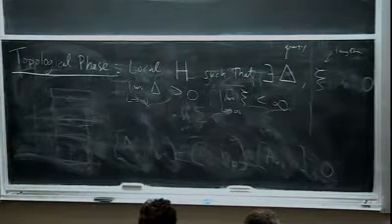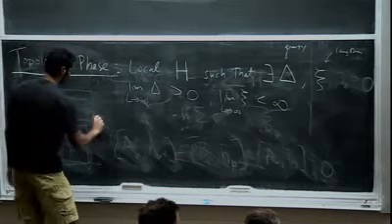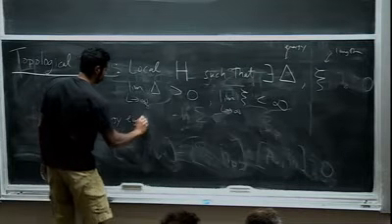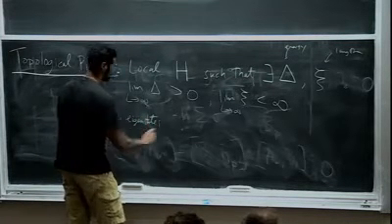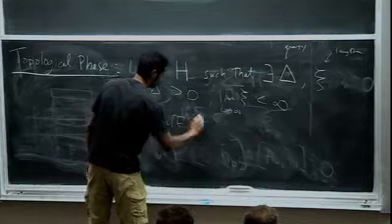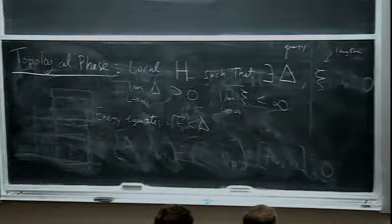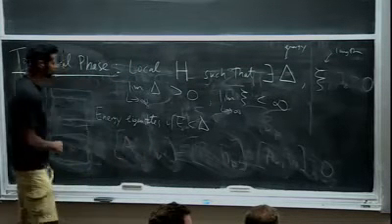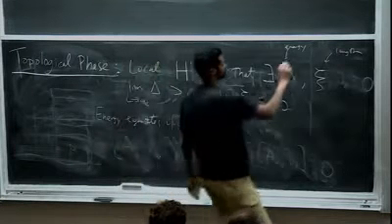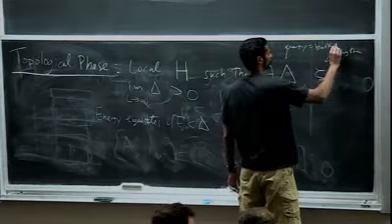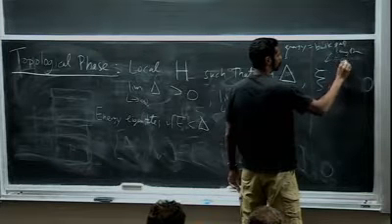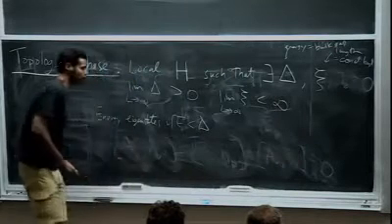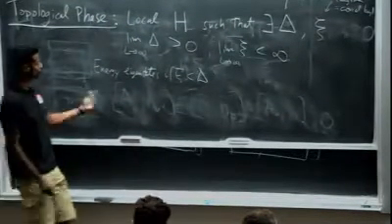Then if I look at the energy eigenstates with energy E less than delta, you should think of this energy as the bulk gap, and this length as the correlation length.